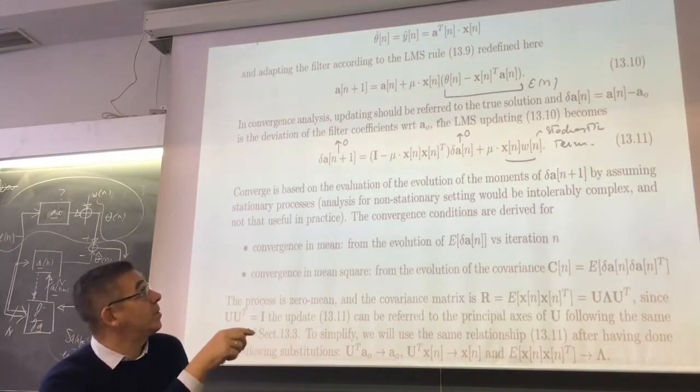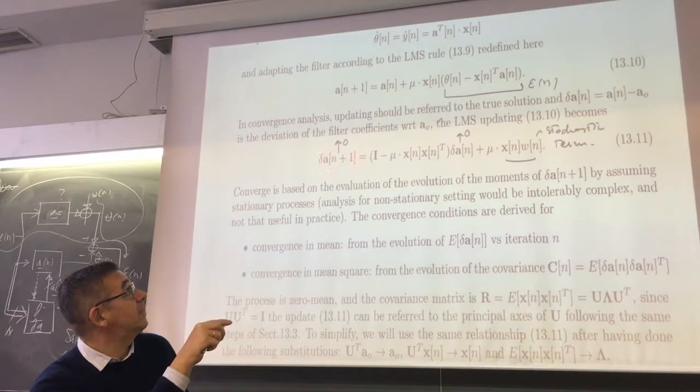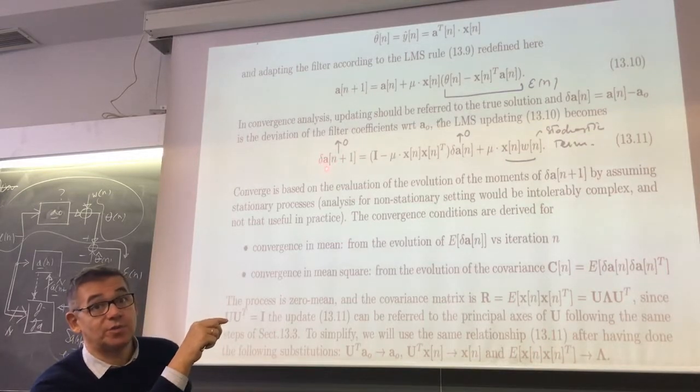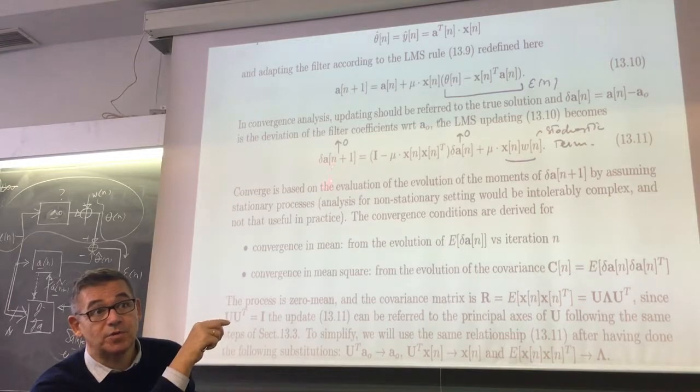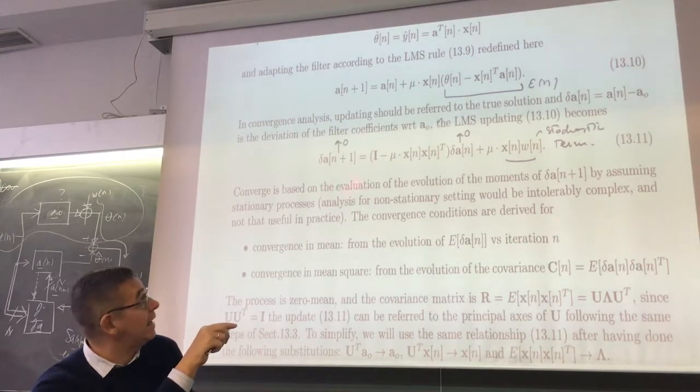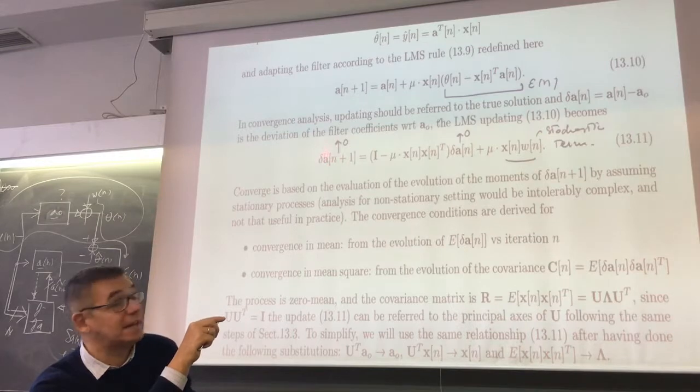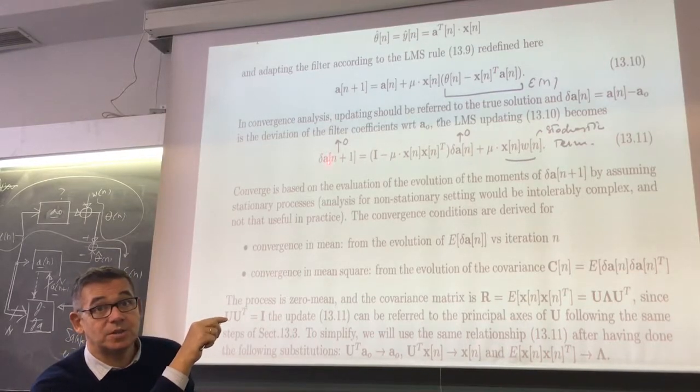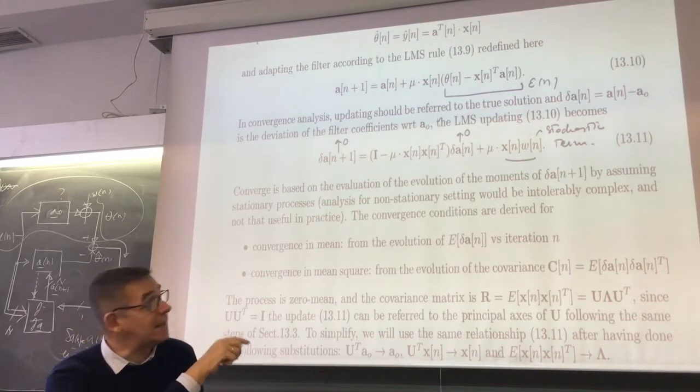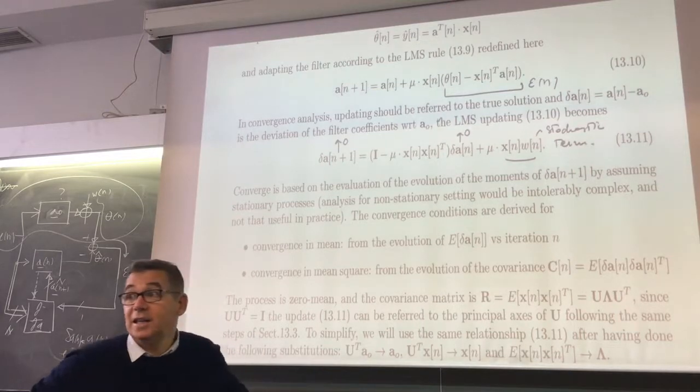Criterion number one is to make the expectation of that go to 0. Calculating the expectation of delta means that the estimate is unbiased.